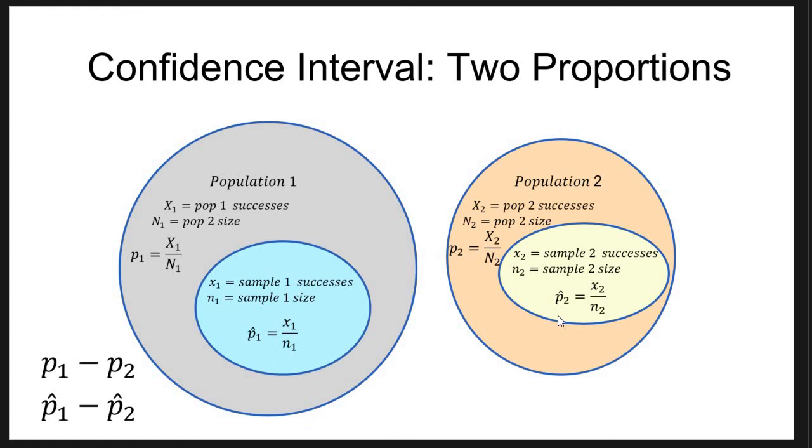Likewise, the best point estimate for P2 is P2 hat. So the best point estimate for the difference in the two population proportions is P1 hat minus P2 hat. The best estimate of P1 minus P2, the population difference of proportion, is P1 hat minus P2 hat, the difference in the two sample proportions.